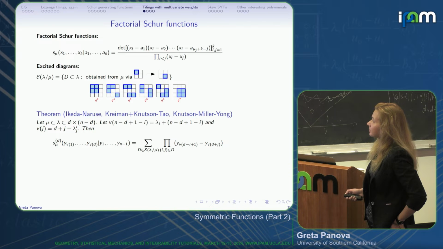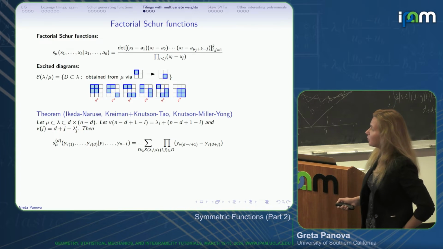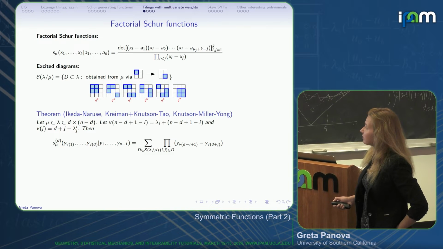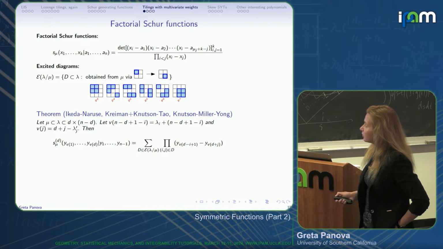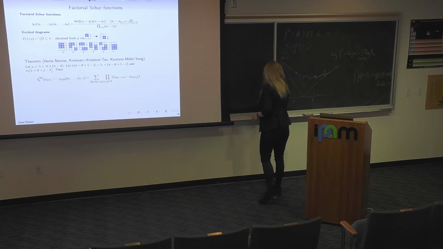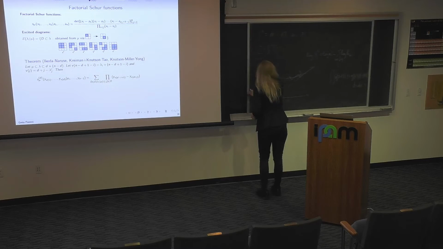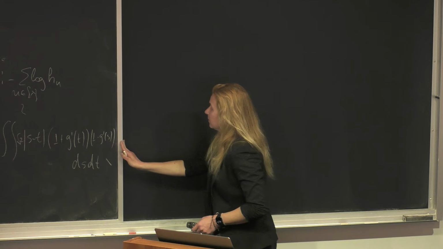Let's take our factorial Schur functions and evaluate. So for mu, let's take a bigger shape lambda. And there is a way to define a permutation v corresponding to lambda. If you work with the Grassmannian, you would have seen this. I'll just show it briefly.